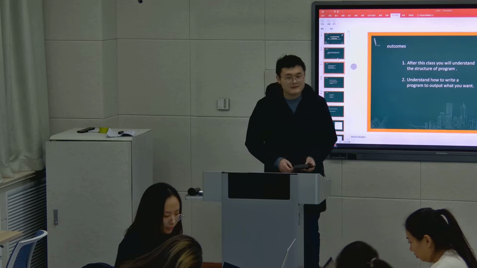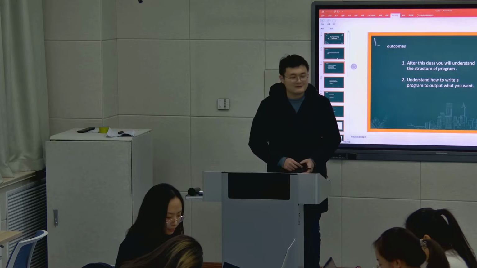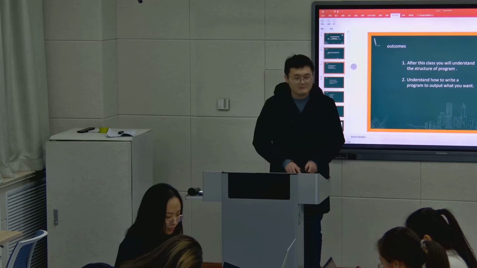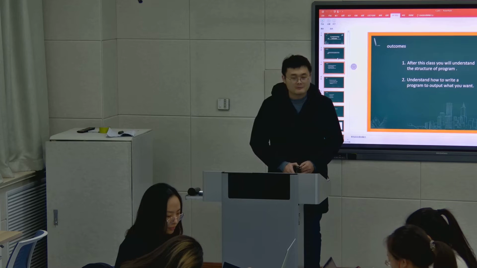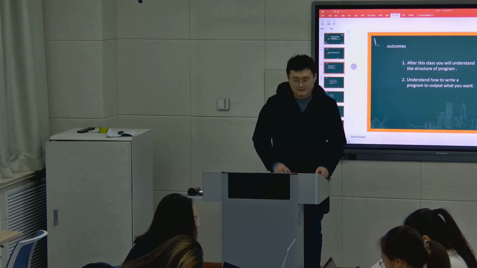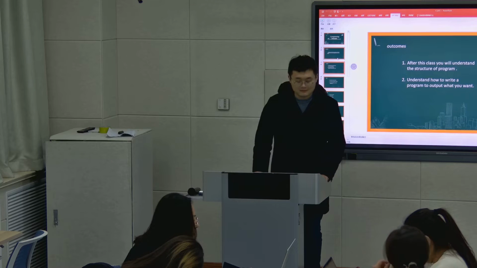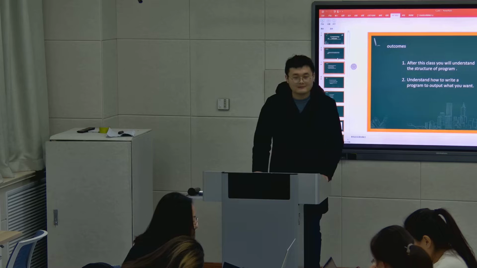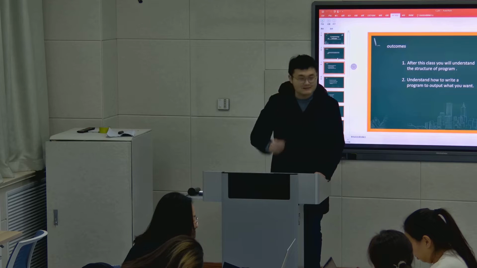Here we start to write a more complicated program, which means the program has a specific structure. I hope you can follow me, write the correct program and output the correct answer. So let's start.